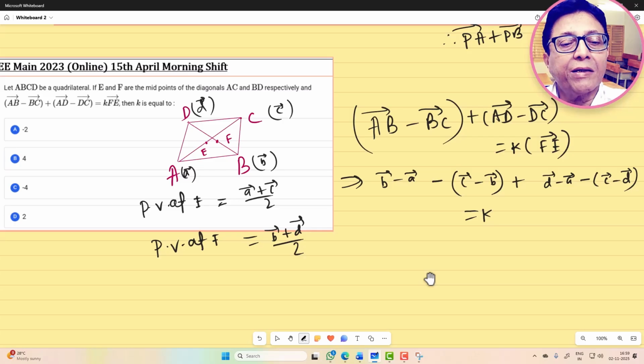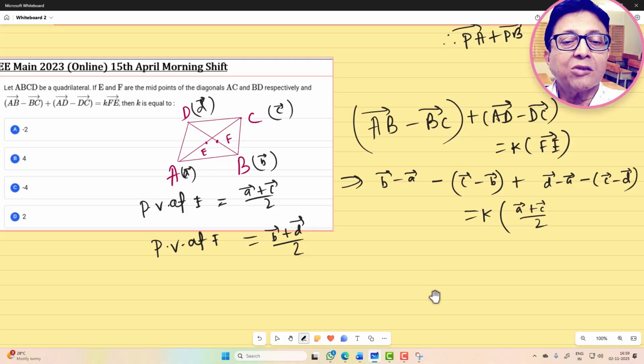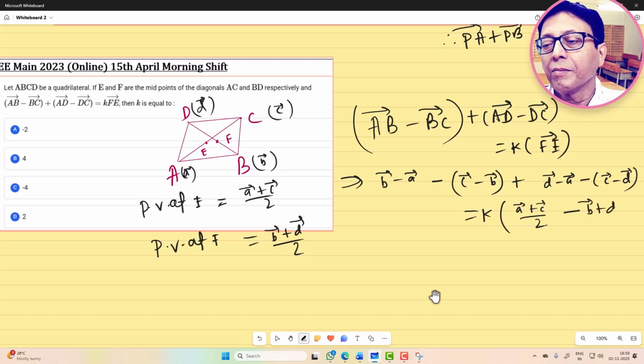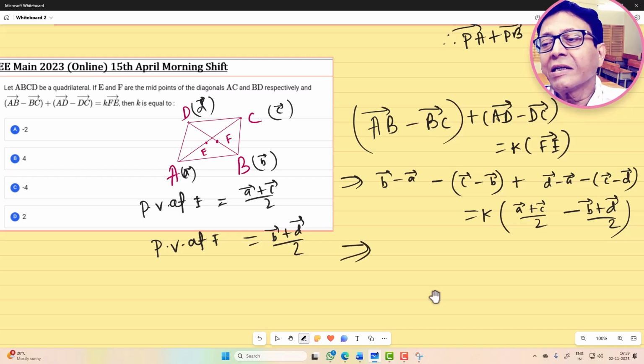K into FE vector. FE is what? FE, no? So E will come first. That's why it is written A plus C by 2 minus the position vector of F. It's alright. Now this implies B minus C, all are there.